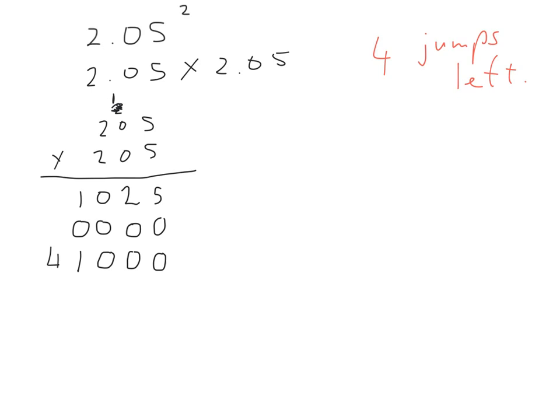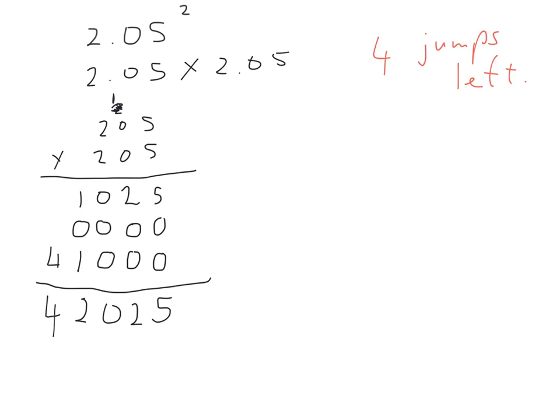Okay, and now we can add all these up. So we have 5 plus 0 is 5. 2 plus 0 is 2. 0 plus 0 is 0. 1 plus 0 plus 1 is 2. And 4 plus 0 is 4.